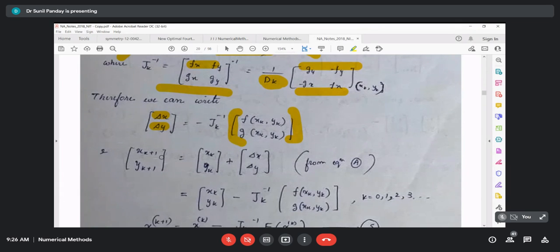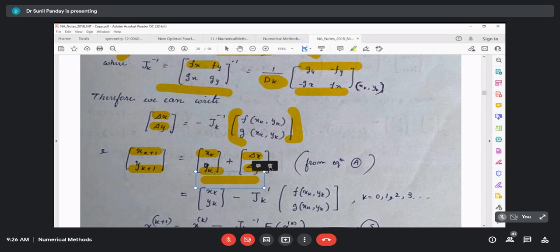Then we write this in terms of an iterative procedure: xk plus 1, yk plus 1 equals xk, yk plus delta x, delta y. Obviously if I add these two matrices on the right side, I will get xk plus delta x in the first row and yk plus delta y in the second row. So xk plus 1 equals xk plus delta x, and yk plus 1 equals yk plus delta y. We have written two equations in terms of a matrix equation.